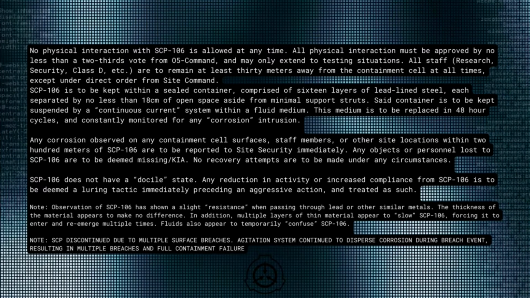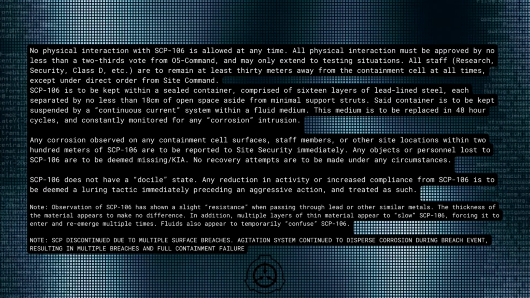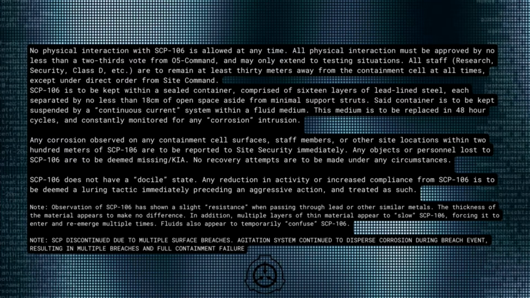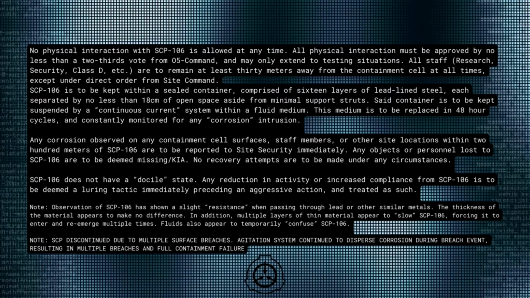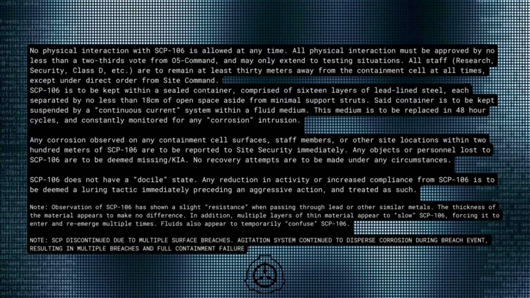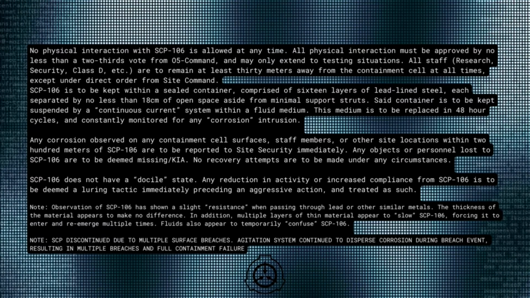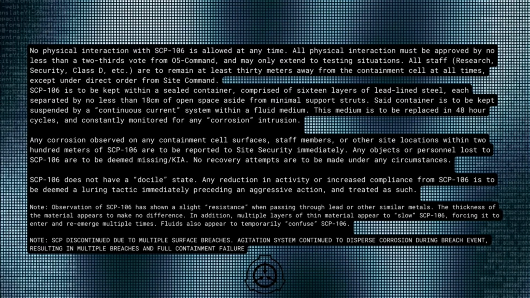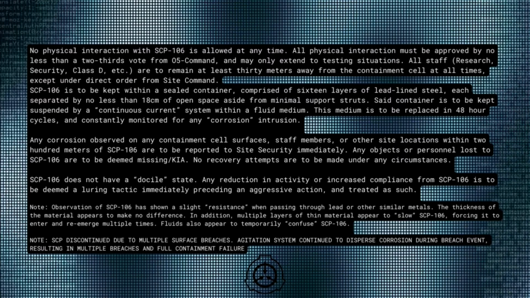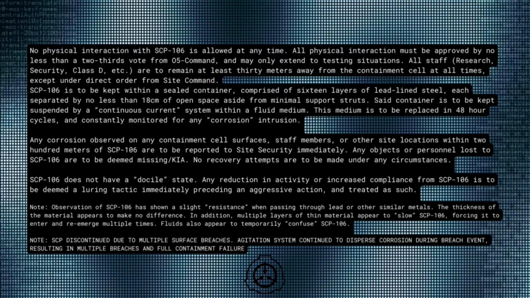Fluids also appear to temporarily confuse SCP-106. Note: SCP discontinued due to multiple surface breaches. Agitation system continued to disperse corrosion during breach event, resulting in multiple breaches and full containment failure.